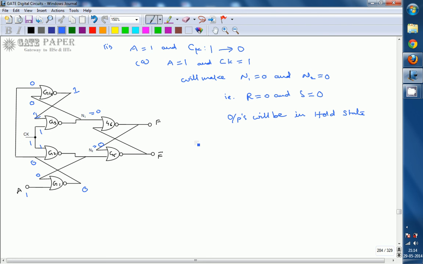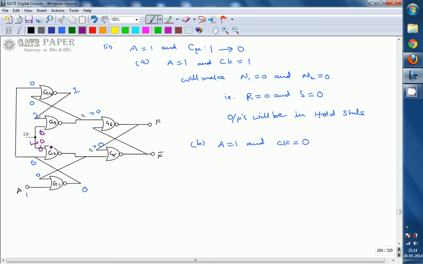So in this one, now we are going for the B. A is equal to 1 as it is, but now ck is changing from 1 to 0, now we make it as 0. So now we will see what happens. Whenever ck is changing from 1 to 0, this one will become 0, this will become 0.